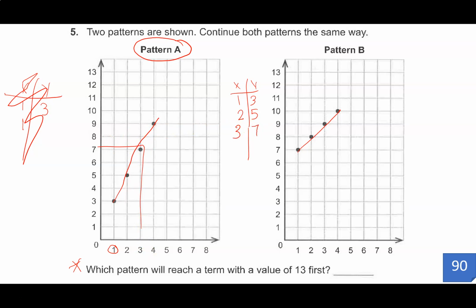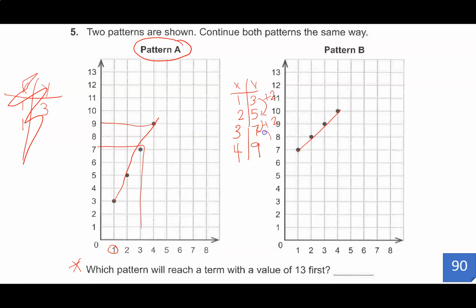All right, so I think you can see a pattern happening with the y values. Each time we see an increase of 2. 3 plus 2 is 5. 5 plus 2 is 7. And that's confirmed with our next value as well. When x is 4, y is 9.